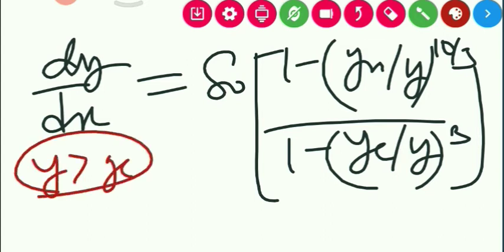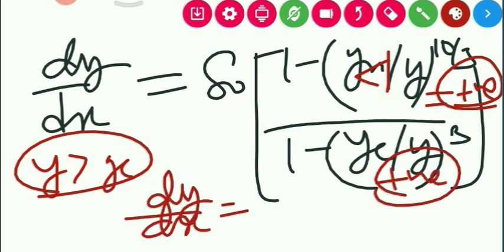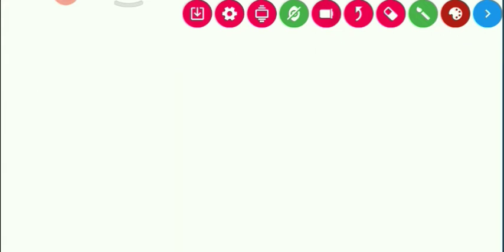So here if y is greater than yc and yn, then this term will be smaller than 1, so it will be positive, and here y is greater than yc, so this term will also be positive. So overall dy by dx here will be a positive value. Okay, so the curve will be a rising curve.